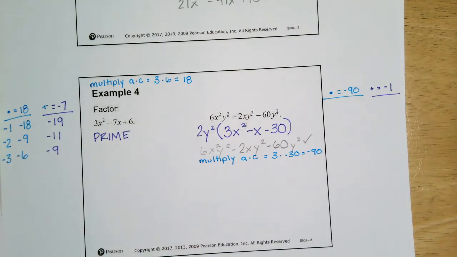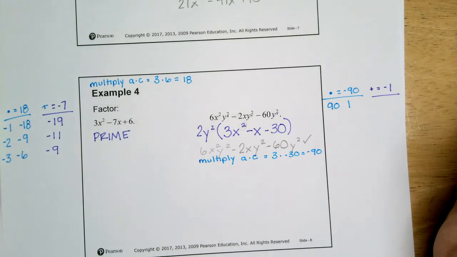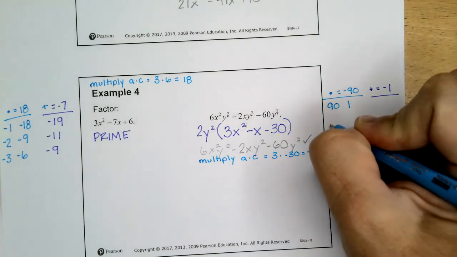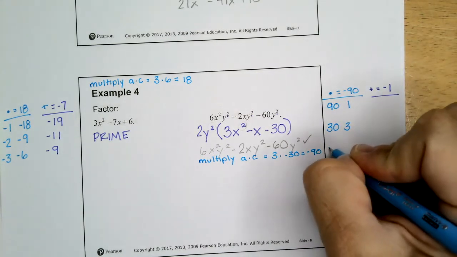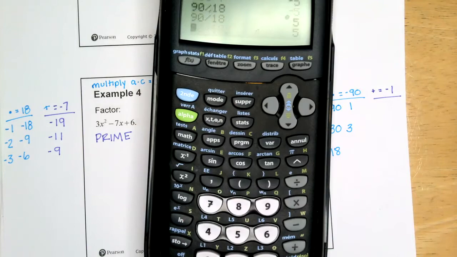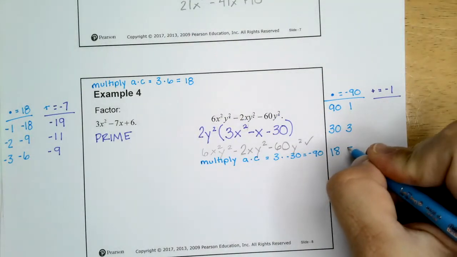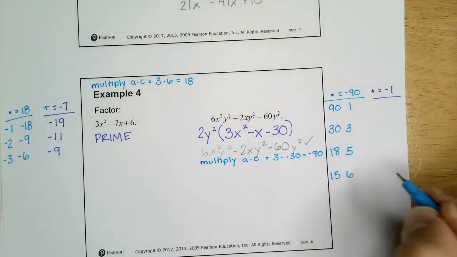What can we do? If I'm multiplying to get a negative, we're going to have one positive, one negative, right? One positive, one negative. So it could be a 90 and a 1. It could be a 30 and a 3, right? It could be an 18 and a 5. It could be a 15 and a 6.